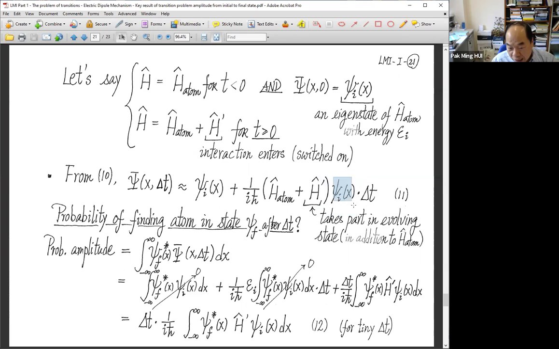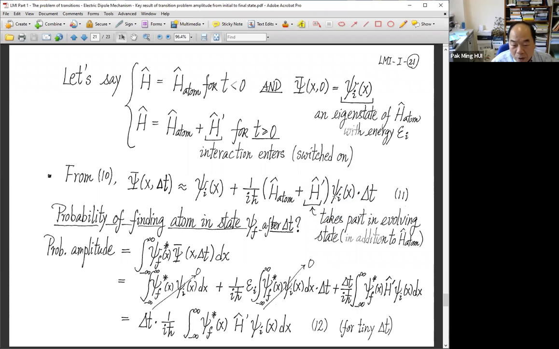An operator on the initial state of the atom generally will give some state, but not necessarily an eigenstate of the atom. It will take it to some wave function, that is to say, okay?